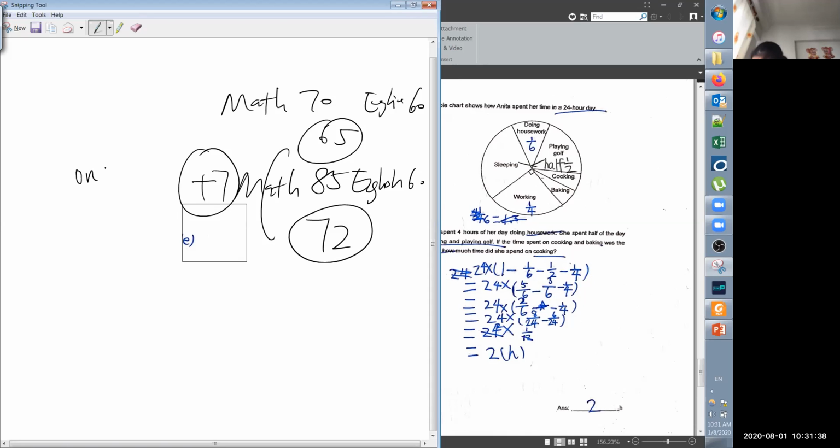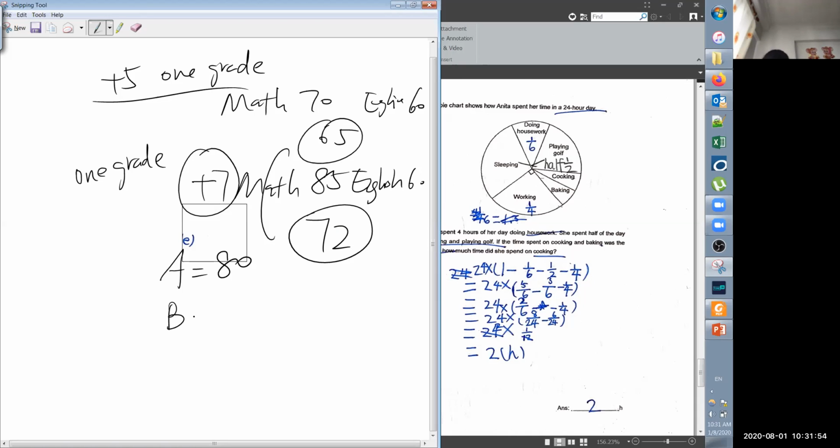So can you see that 72 compared to 65 is a 7 marks difference, which is at least 1 grade difference. 一个等级。OK，一般5分是 1 grade。5分是 1 grade. So that means if A is 80, then B will be 75, then C, that kind of thing.